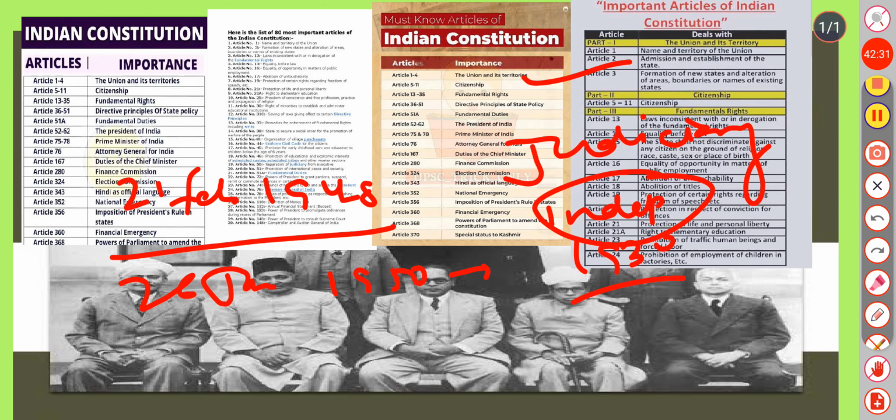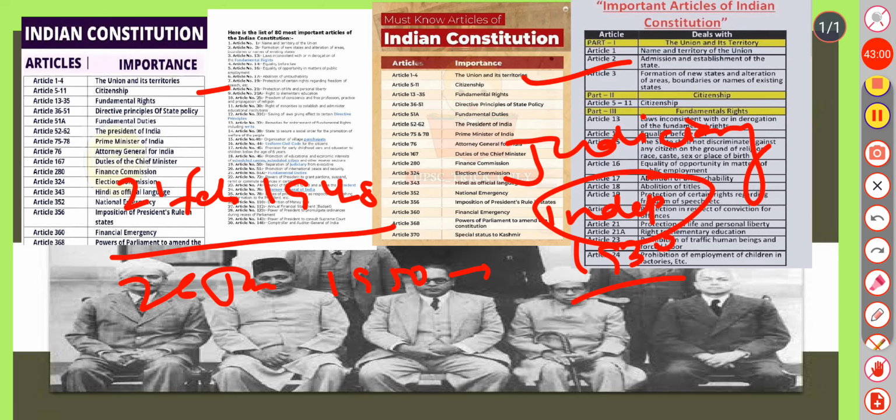Part 2 is citizenship. And Part 3 is fundamental rights, especially articles 12 to 35.